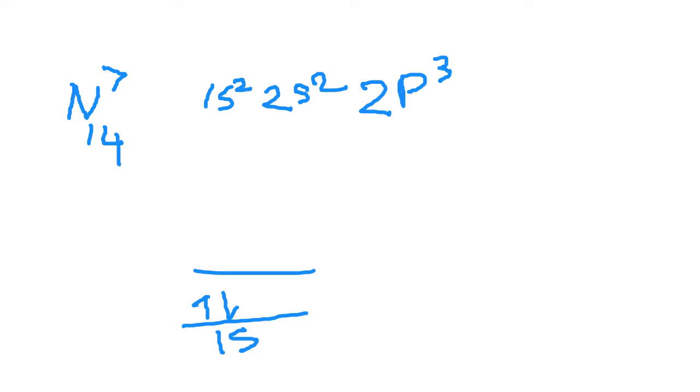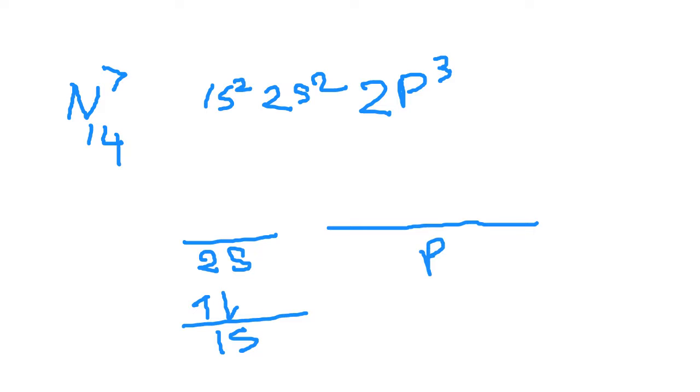Then you have 2s. 2s is also 2, and 2p orbital always has 3, px, py, pz. So when you are drawing like that, this is p, but you will do always 3, like that.